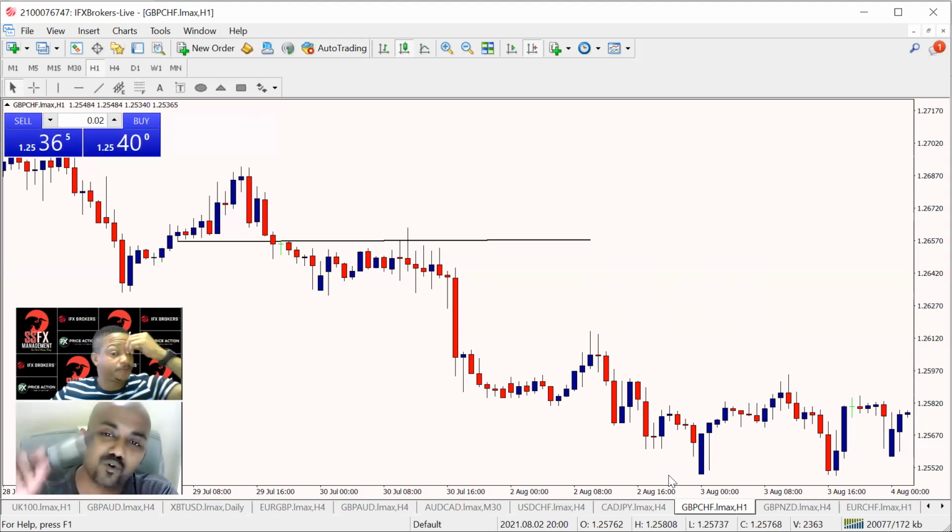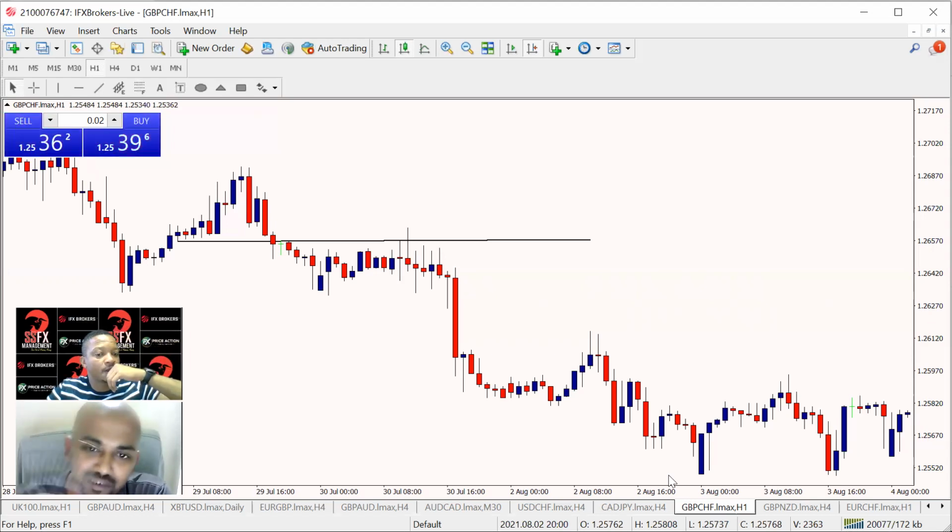Sure. And I want to know about the USD CAD. I see recently it just spiked up and now it's starting to fall. Is it going to fall, or is it going to stop and go again? Okay, there is this thing we call weakness against strength. Look at all the pairs that paired with CAD today.